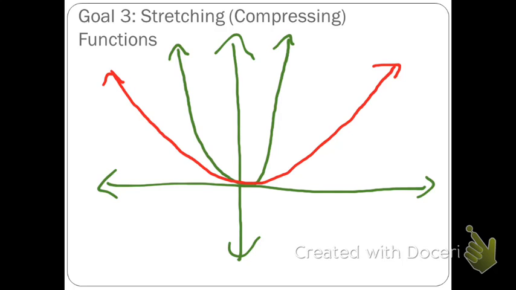Whereas if I stretch the graph, what it's going to look like is you're taking hold of these little things right here, the handles, so to speak, and you're pulling them kind of like puppet strings.